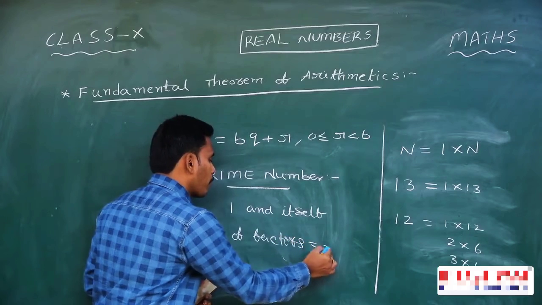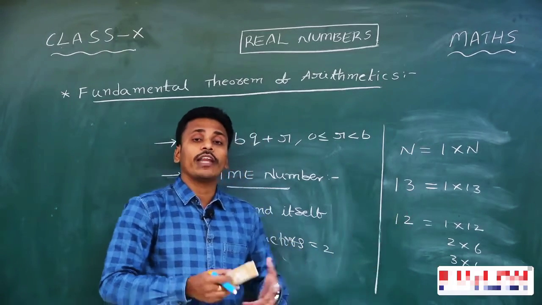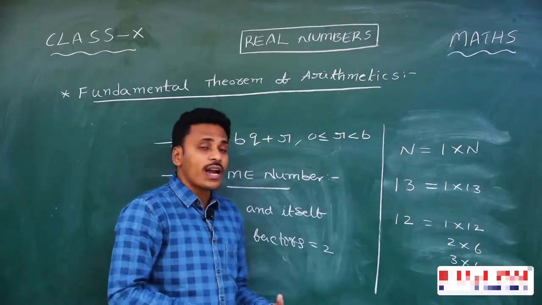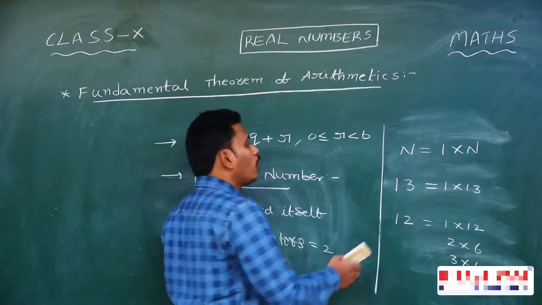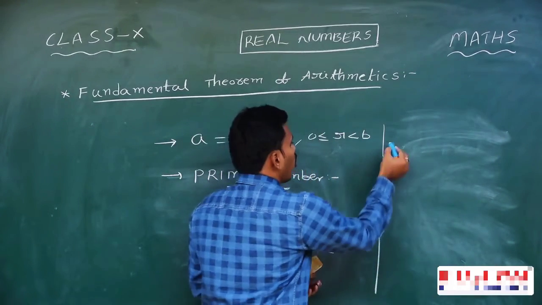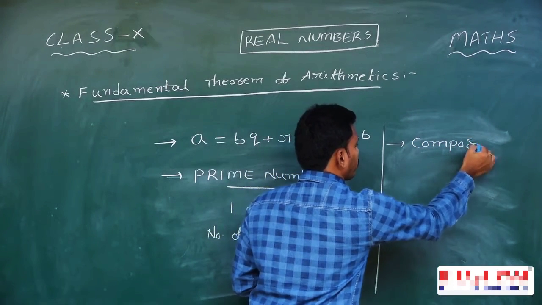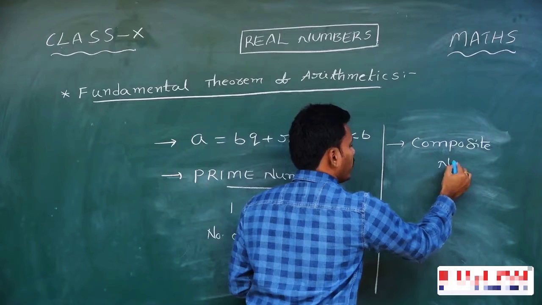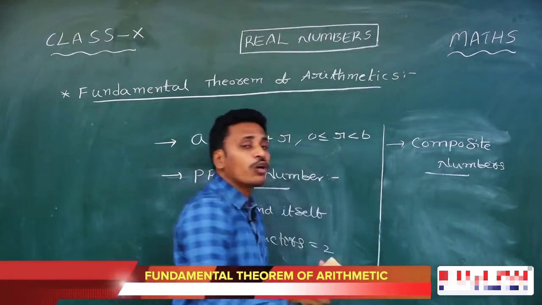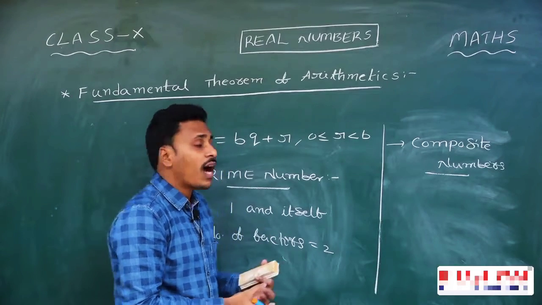And there are some other numbers like 12 which have many factors, more than 2 factors other than 1 and itself, and we call all those numbers composite numbers, right? Composite numbers are the numbers which have more than 2 factors, which have factors other than 1 and itself.